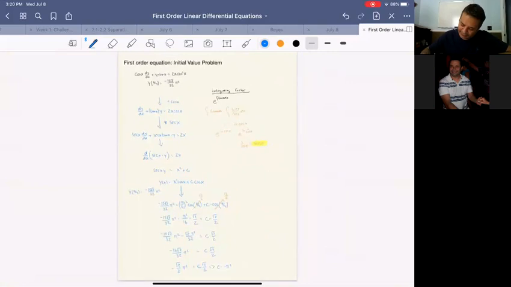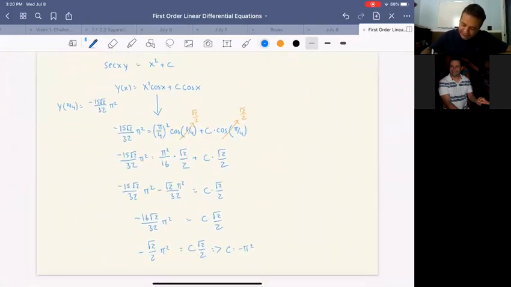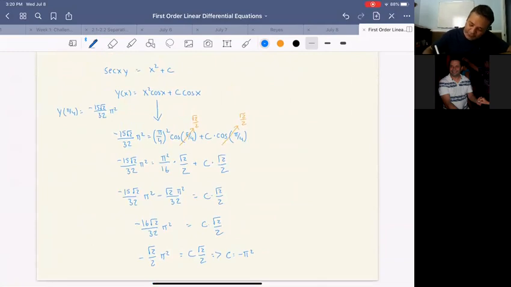I'm running out of space, but I'm done. So c is negative pi squared. Going back up here, my y of x is going to be x squared minus pi squared times the cosine of x.